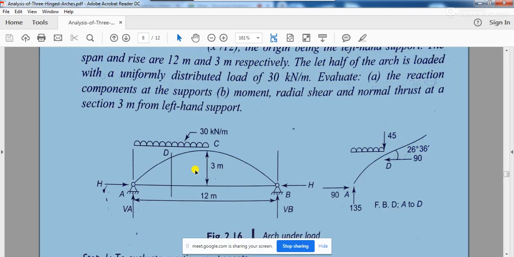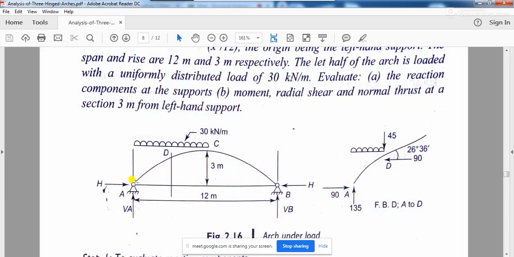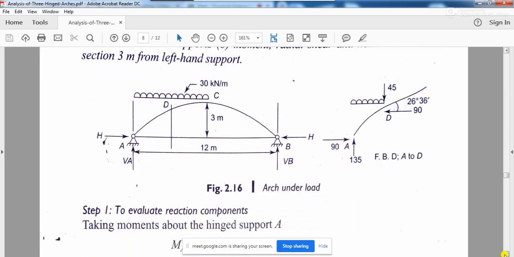Now to find out the reactions VA and VB and H, what is the first step you will have to do? First you will have to evaluate the reaction components. How do you evaluate the reaction components?